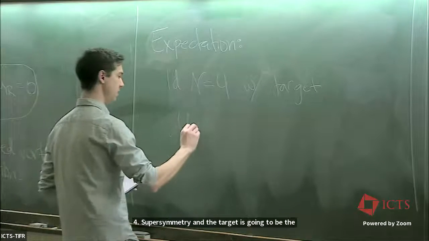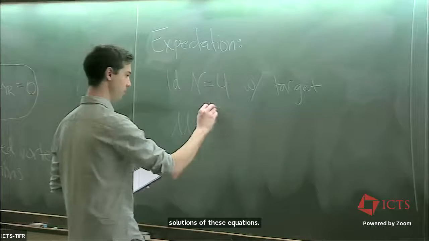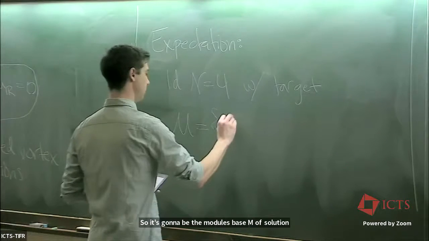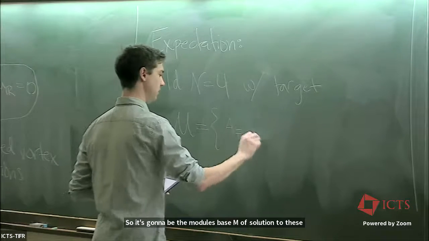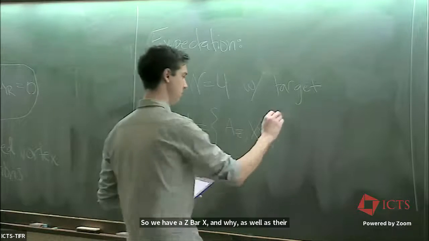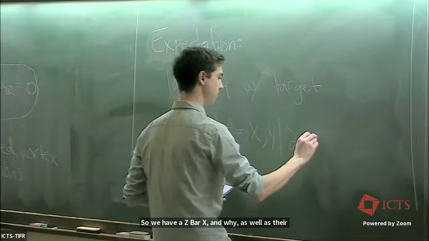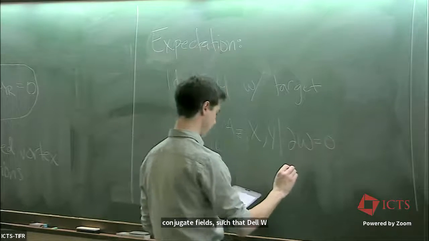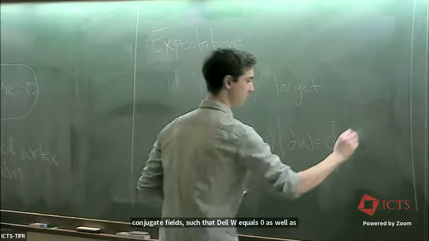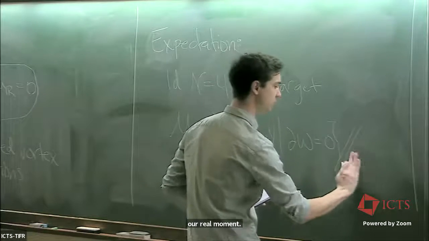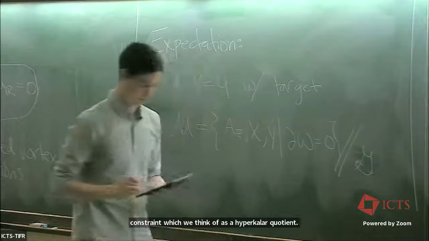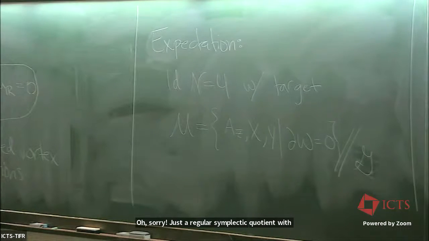So it's going to be the moduli space M of solutions to these equations. So we have A, Z bar, X, and Y, as well as their conjugate fields, such that del W equals 0, as well as our real moment map constraint, which we think of as a hyperkähler quotient, or sorry, just a regular symplectic quotient with respect to our gauge group, calligraphic G.